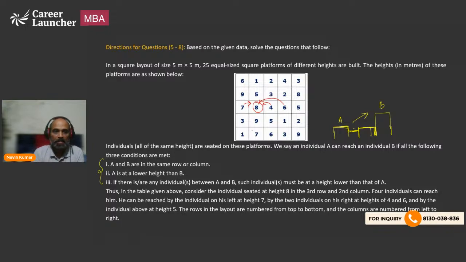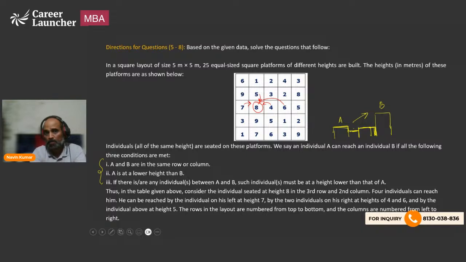And by the individual above at a height 5. The rows in the layout are numbered from top to bottom and the columns are numbered from left to right. So standard way of numbering rows and columns, right? Let's look at the questions.